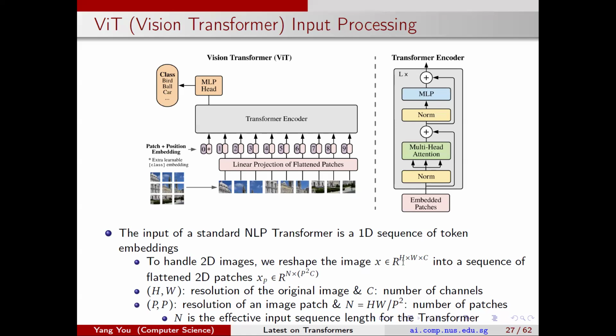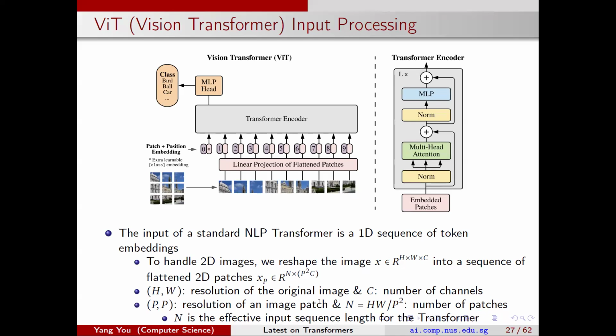Now let's first flatten the image. We want to partition this image into N parts, right? Each part is P by P by C. That means each patch is a square of P by P. So the shape of each patch image is P by P, and we have N patches.